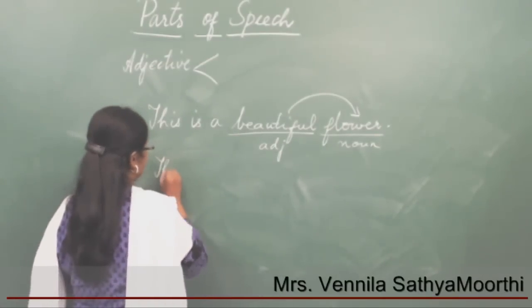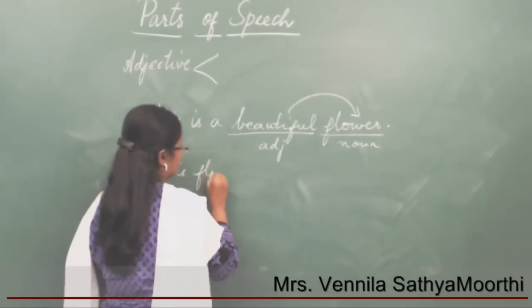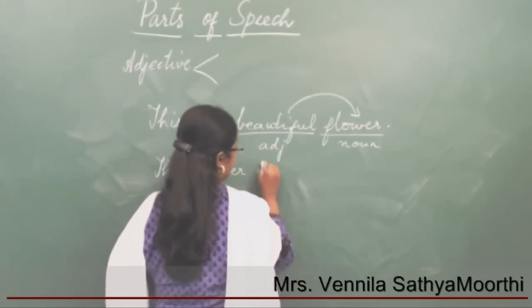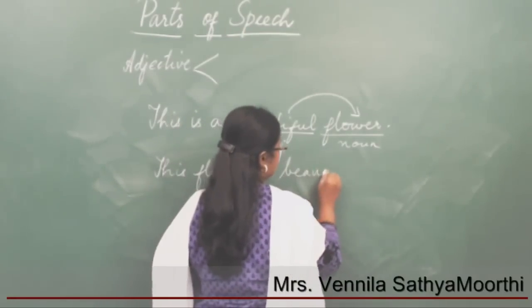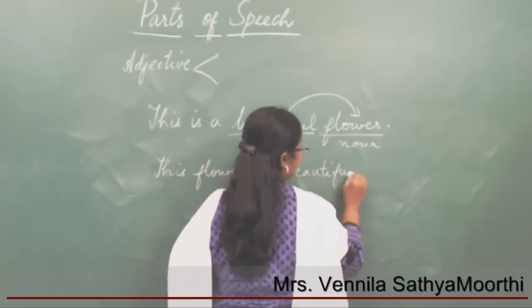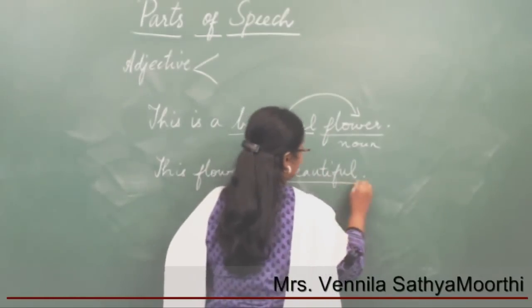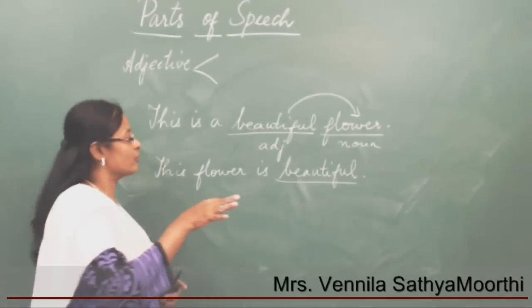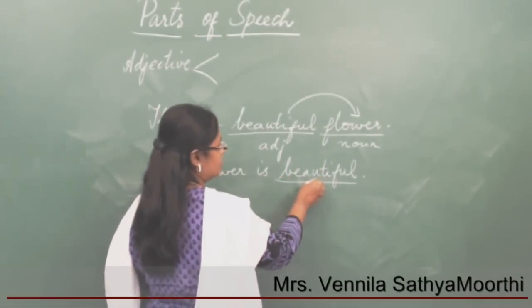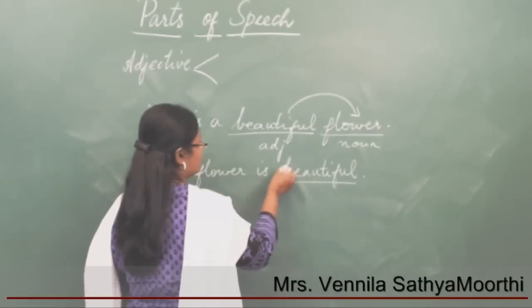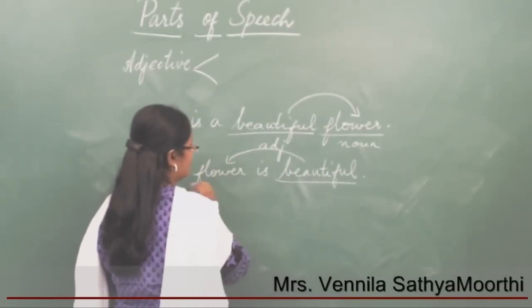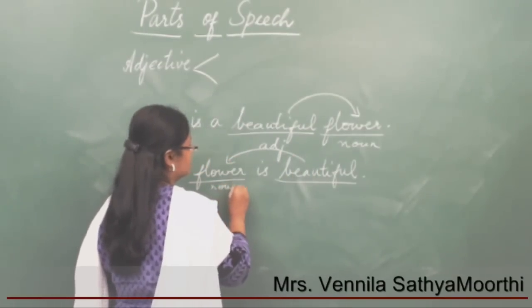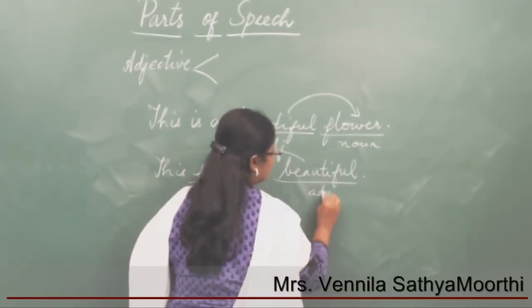Like if I say, this flower is beautiful. That is why you should see the function of the word. What work that word does in a sentence is more important than the position of the word. Now you see, the same word is placed here, not with flower, but still it talks about the noun flower. So it is an adjective.